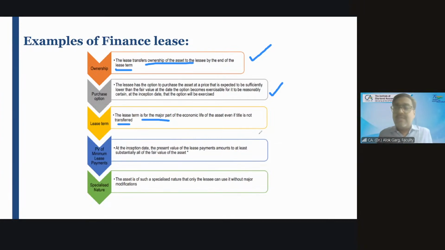So if the life of the car is 10 years, what is more than 75%? More than 7.5 years. So in my example, I am taking a car on a lease basis for 8 years. The life of the car is 10 years. So will it be considered as a major part of the economic life?